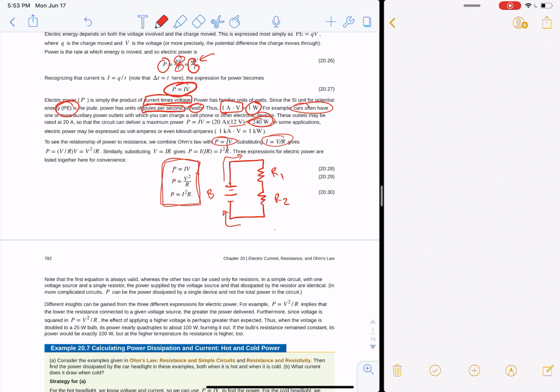So we've got I, and we've got V1 and V2. At the R1 resistor, it's going to have a different voltage. At R2, it's going to have a different voltage. Since they're in series, they're going to have the same current. But using V equals IR, we can have different P equals IV values, so you can measure the power of one resistor or the power of another resistor.